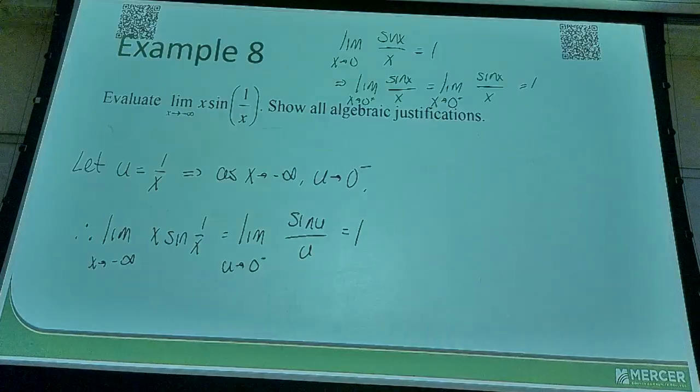Let's actually look at that graph, though. Because all the other functions we've looked at were not oscillating. Sine of 1 over x does oscillate.